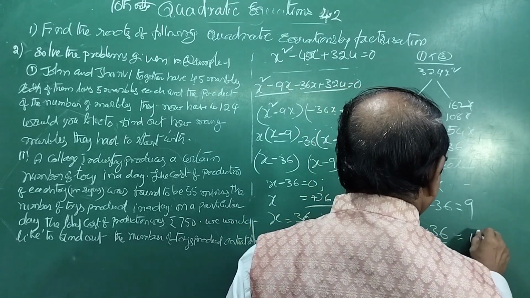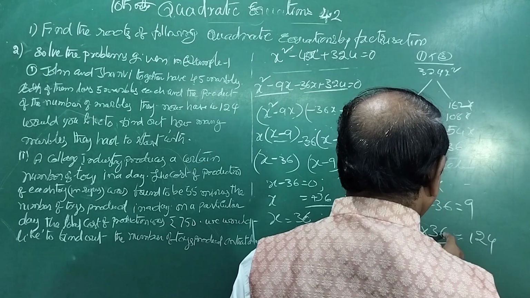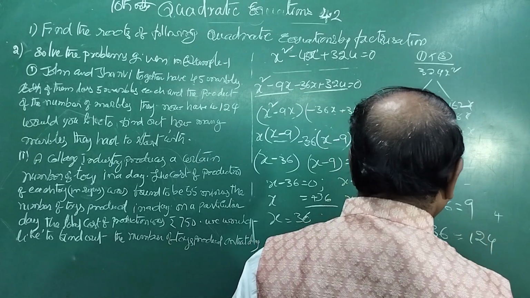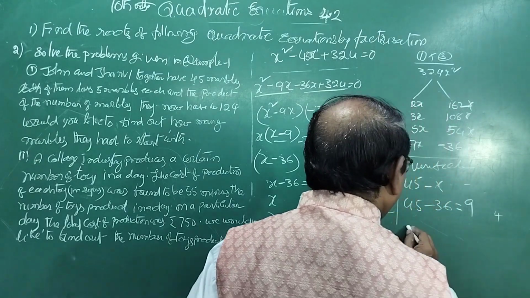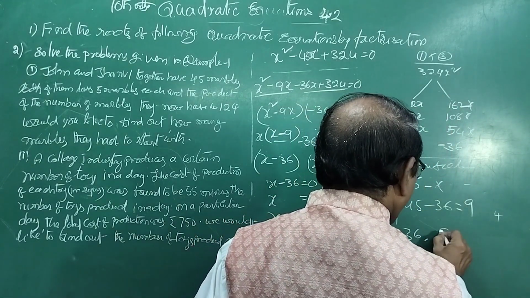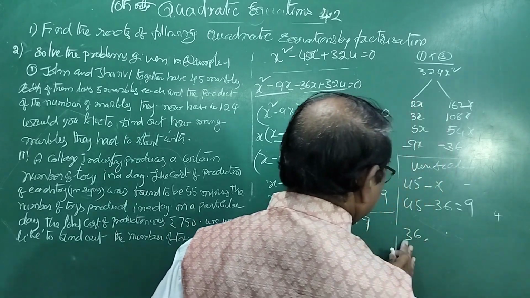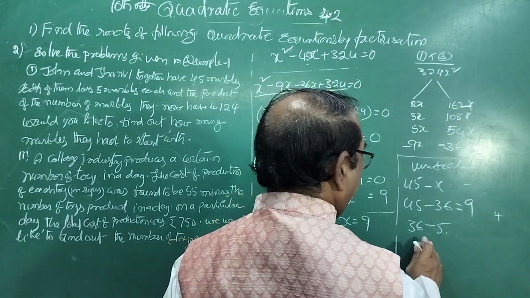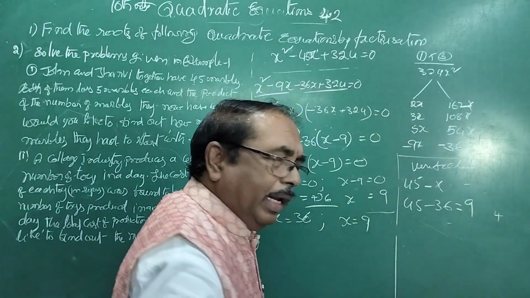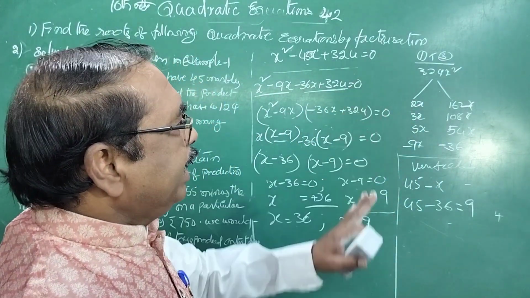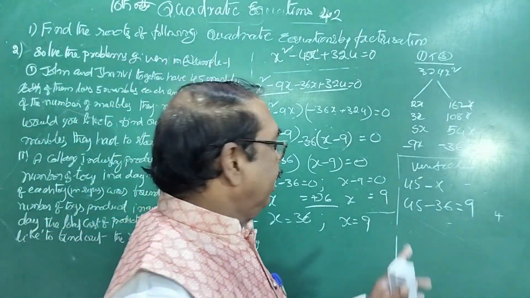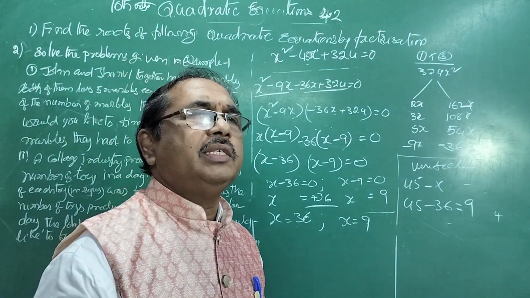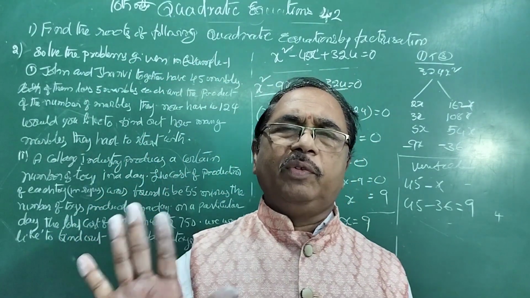If we multiply, that is equal to 324. 36 and 9, isn't it? Total has 45 marbles.